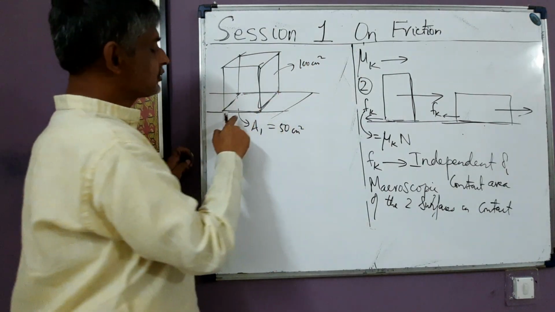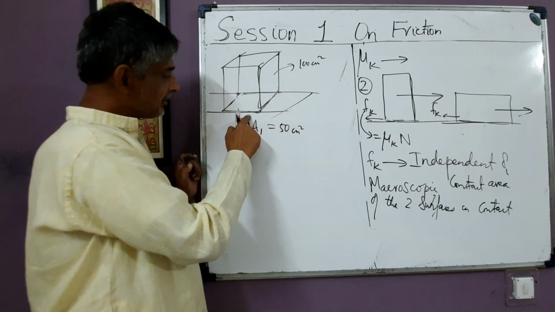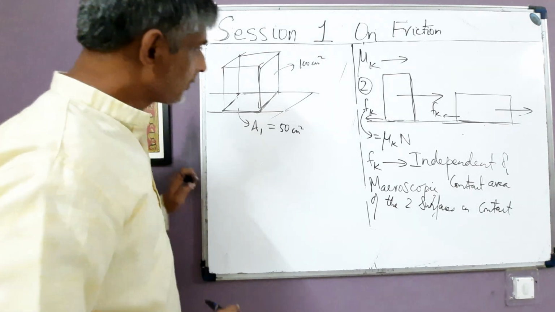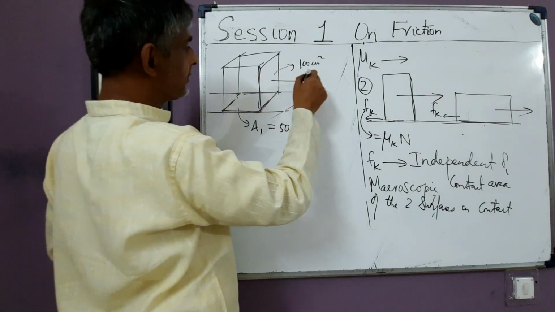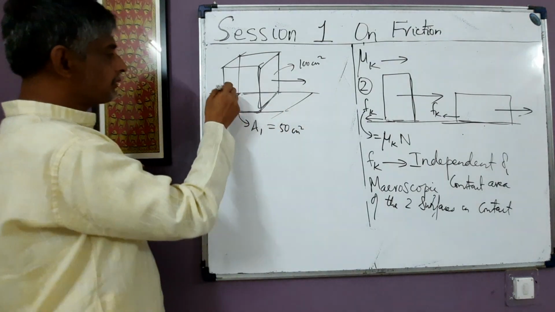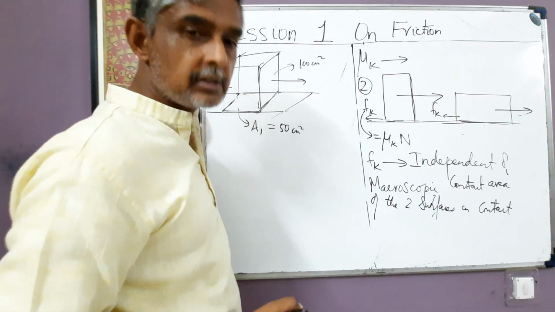Now suppose we assume that the surface conditions are the same between this surface and the table surface, and this surface and the table surface. So suppose this block is slipping rightward with respect to the table surface. The table surface exerts kinetic friction Fk on the block, opposite to the direction of relative slip.